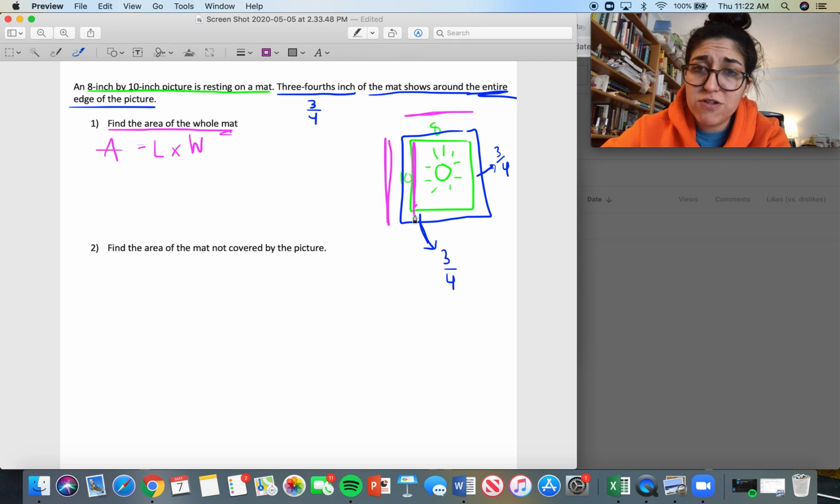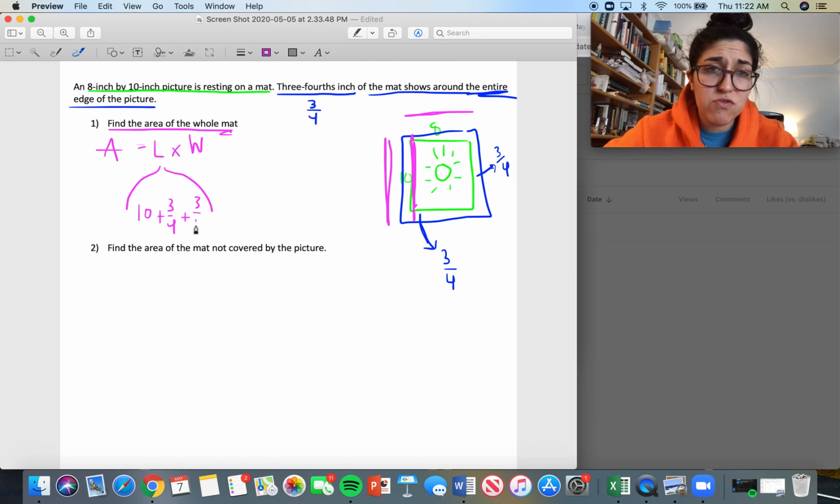Plus the 3/4 inches on this side here, plus the 3/4 inches on this side here. So the length is going to be, let's see if I got this right, 10 from what we have from the picture, plus 3/4, what we have from the top, plus another 3/4 from what we have from the bottom.